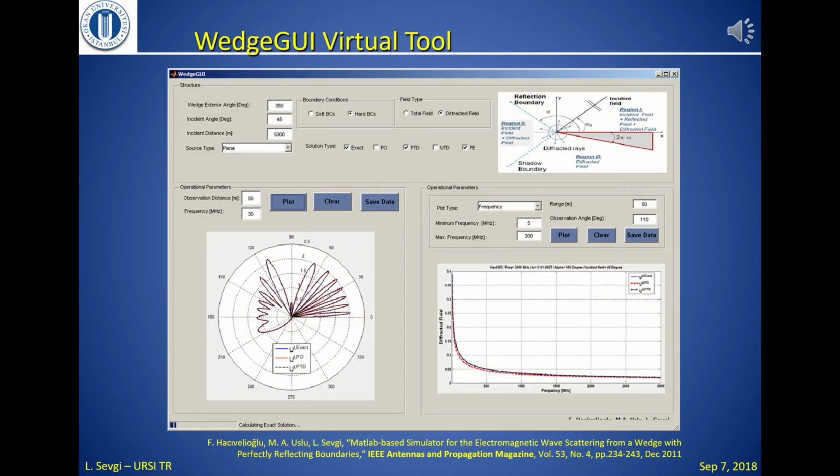In 2011, we have published a tutorial in the Antennas and Propagation magazine of the IEEE, where we summarized all these analytical methods and developed and shared a nice diffraction package.